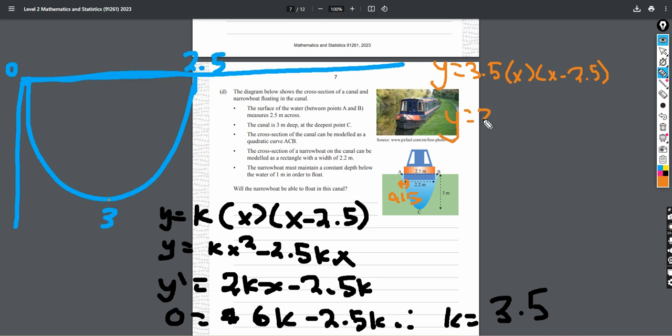So y equals 3.5 times 0.15 times 1.5 minus 2.5 equals minus 1. Y equals 0.5 times 0.15, 0.525.